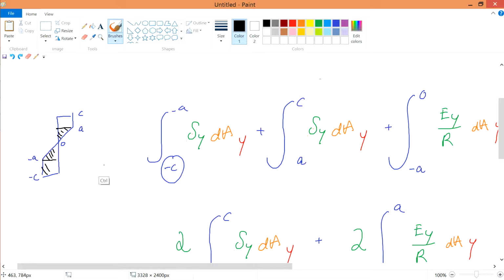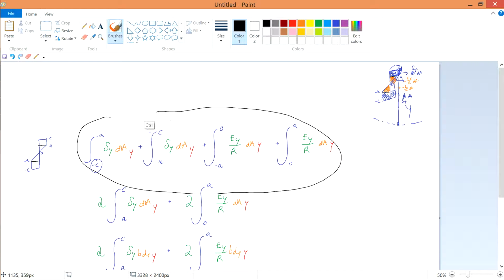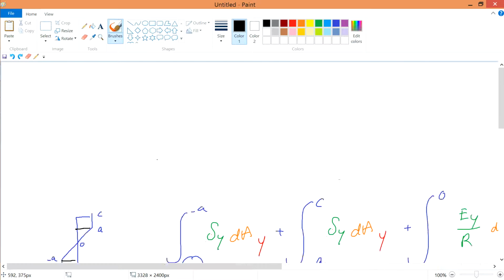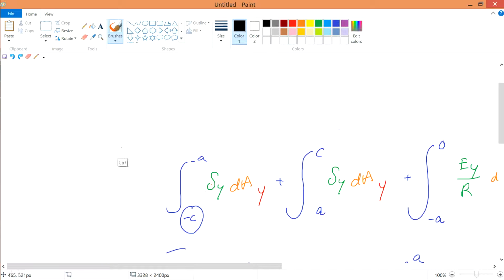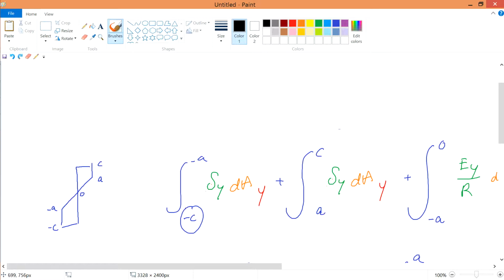Therefore, instead of writing such a long chunk of 4 equations over here, we can actually reduce them into two. As you can see, from minus a to minus c, from here to here, and from a to c, which is from here to here, is the same stuff.